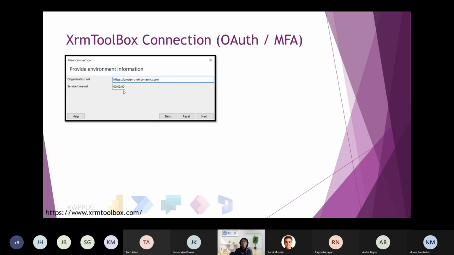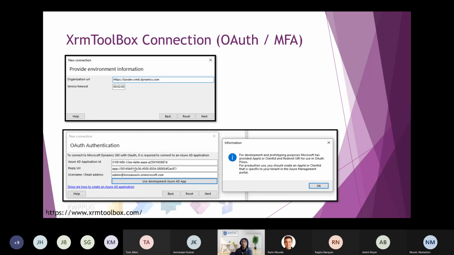If you click on that, you will be asked for an organization URL, the environment URL. In the next dialog, you can either generate the application ID, or click on this dialog and just generate the values.